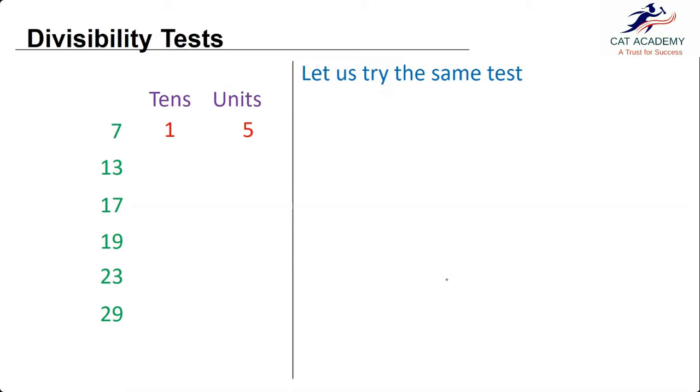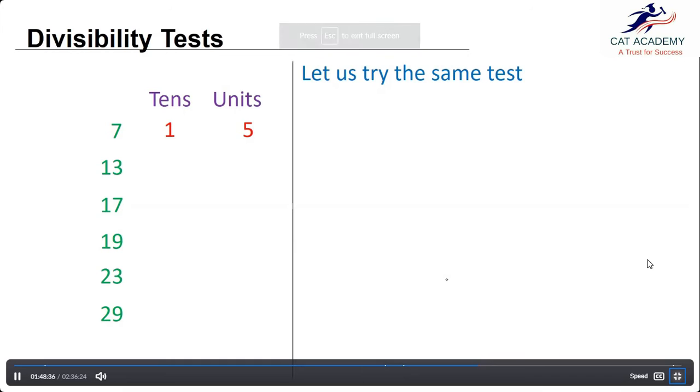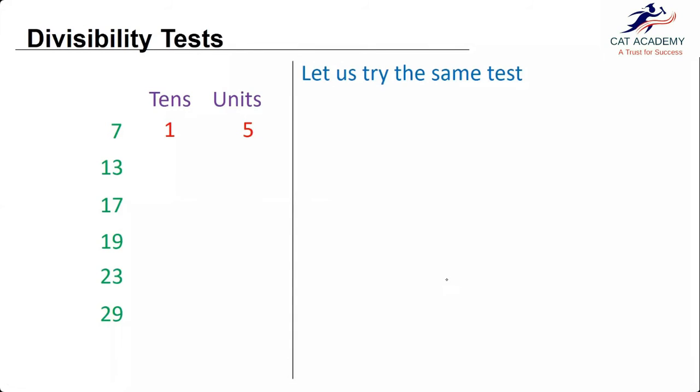So for these, the test would be like this only. Otherwise, if you feel that you're comfortable with direct division, then I would recommend doing the direct division. These tests are going to be slightly time consuming. So whichever thing you're comfortable with. If you get comfortable with the technique, then do it. Otherwise, direct division option is always there.